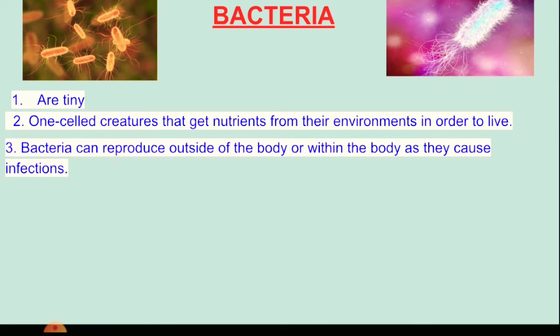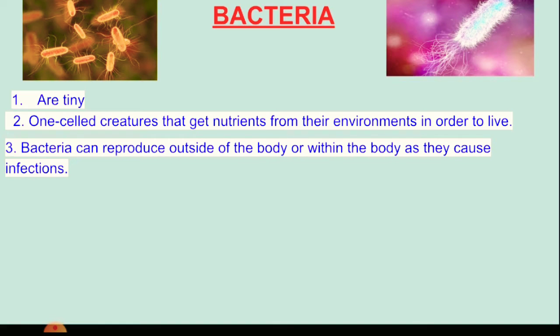Then bacteria can reproduce outside of the body or within the body, and they cause infection. Bacteria is a living organism which can live outside of the human or animal body, as well as inside it. It's not like if bacteria is living outside the human body, it will die.